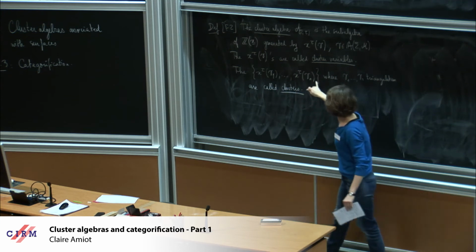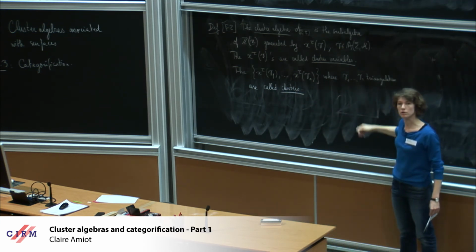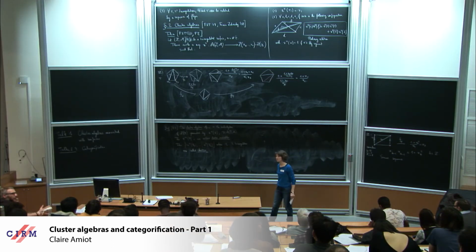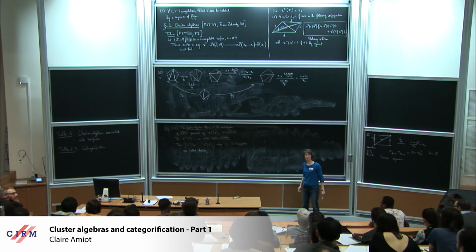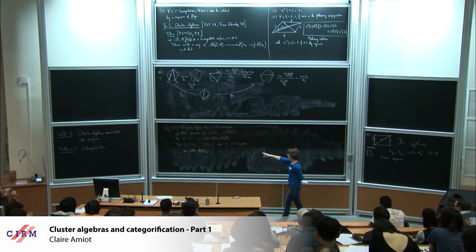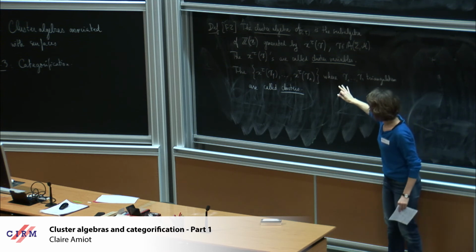So here I take any other triangulation, not only tau. For tau, you have a very simple one. Okay, yeah, so maybe I will tell you this in a moment.